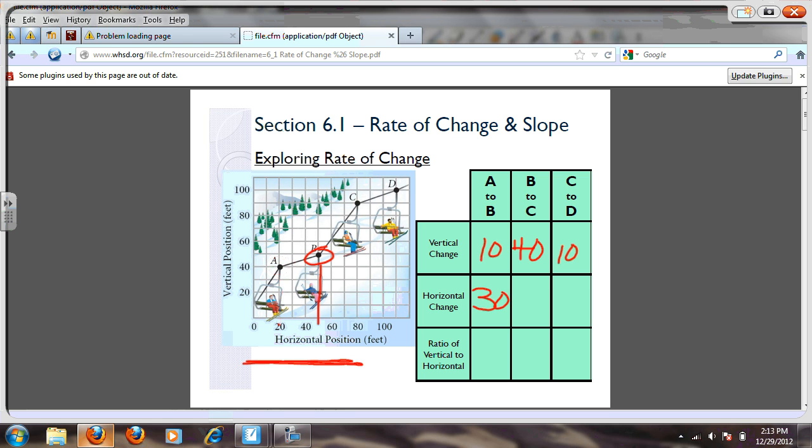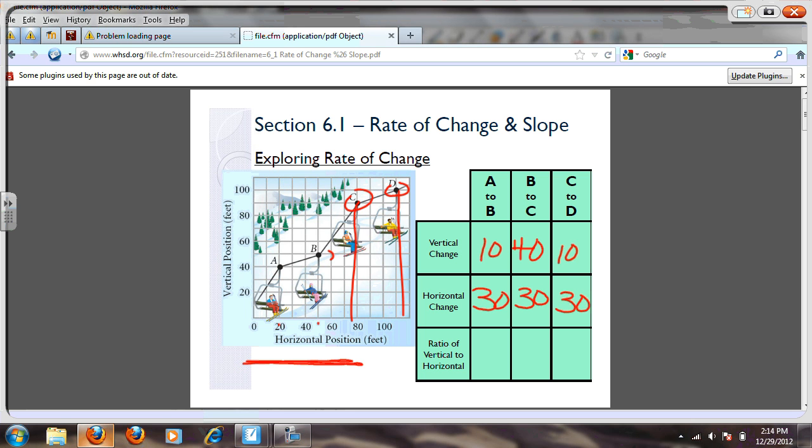Then we're at B, and we're going from B to C, which if we draw down, it goes from 50 to 80, and 50 to 80 is 30. And now from C to D, we'll go straight down. D from 80 to 110, that again is 30.